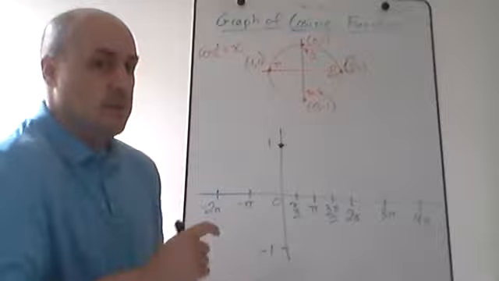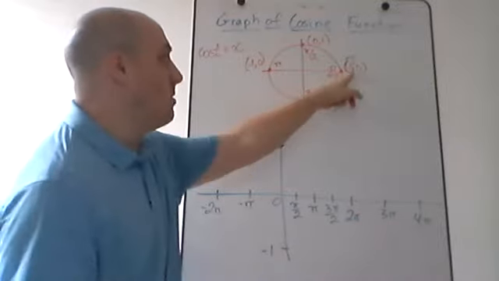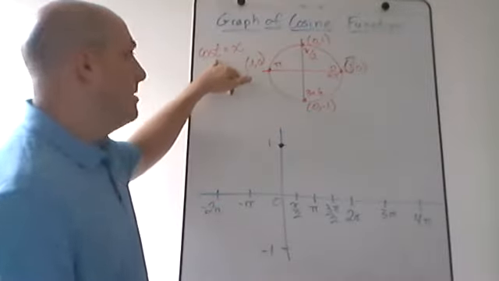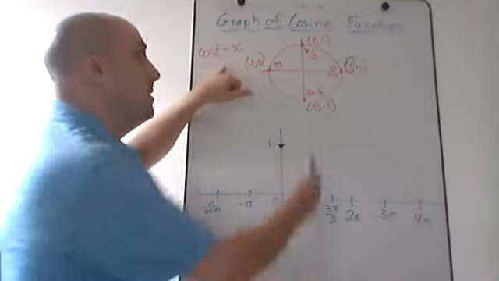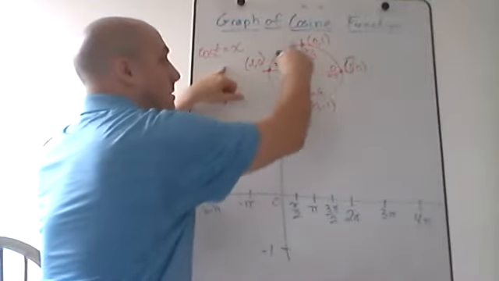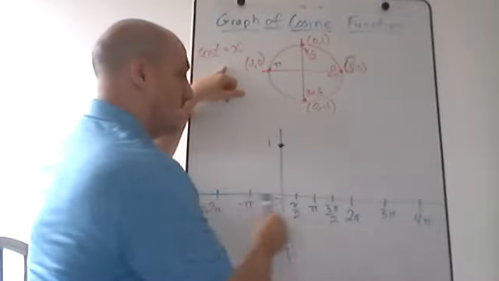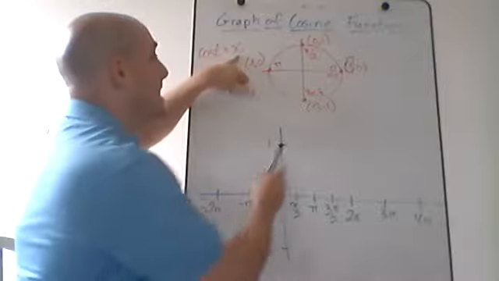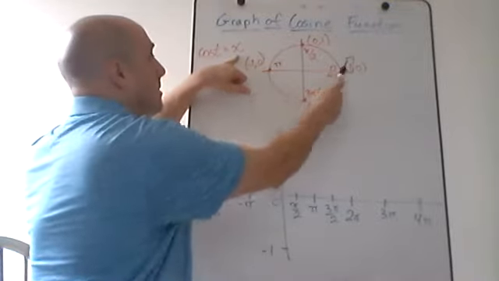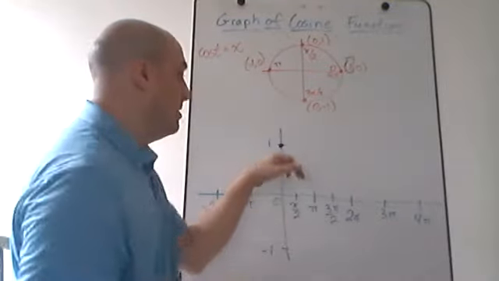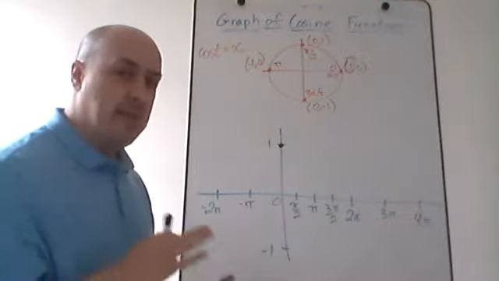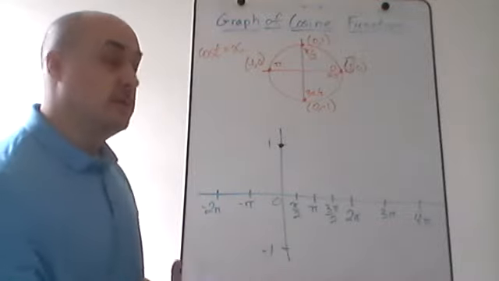So it's a little weird when you're doing the cosine function, because the x-coordinate here becomes the y-coordinate here. But remember, the definition of the cosine function says the input is the distance around the unit circle, so our input values are along the x-axis here. That's why all the pi numbers are there. And the output is the x-coordinate on the unit circle, but when I'm graphing the function, the output is my y value. If you can get that part of it, the rest of this just falls into place.